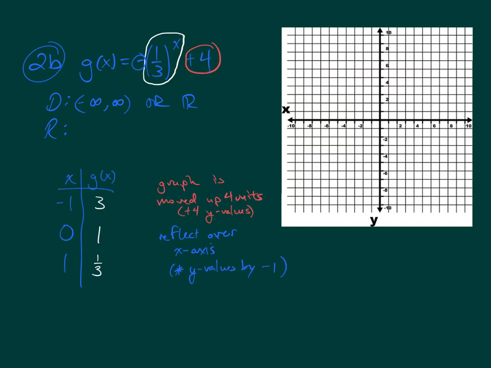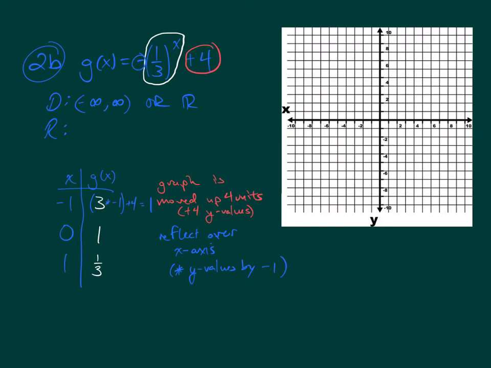And with this, I'm going to apply these transformations to this table. So if I multiply 3 by -1 and then add 4, I get a new value of 1. -3 times 1 is -3. 3 times -1 is -3, plus 4 is 1.